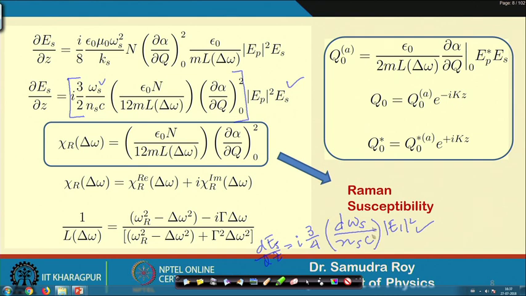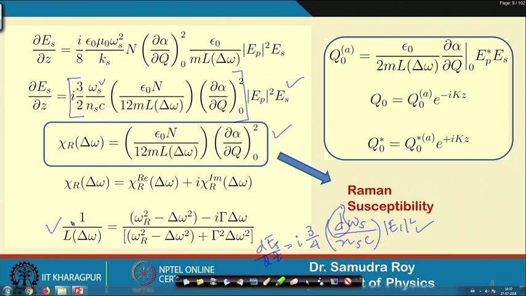The important thing is that in the bracket term, we had a susceptibility term multiplied by the frequency divided by the refractive index times c. If I recollect these things suitably, then in place of d, I can have one term which is shown here in the box, epsilon 0 multiplied by n divided by 12 m L of delta omega, where L of delta omega is some function also, written here in the last line.